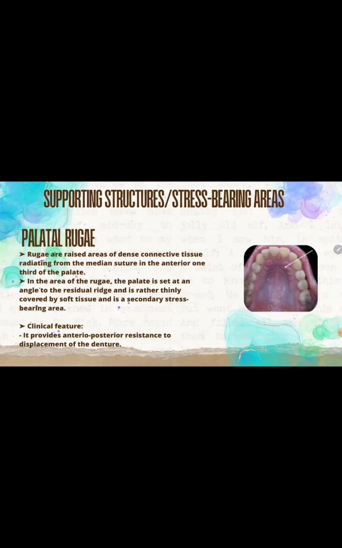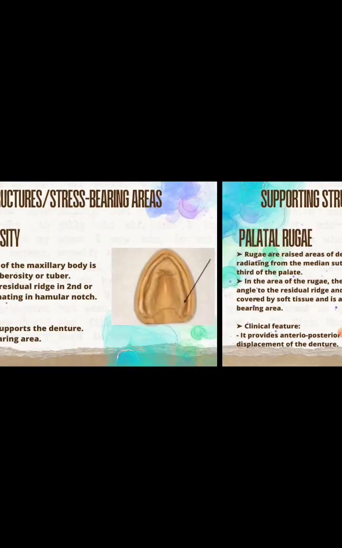The palatine rugae are ridges of dense connective tissue on the median surface, in the anterior two thirds of the palate. The clinical significance is that they provide anteroposterior resistance to displacement of the denture.